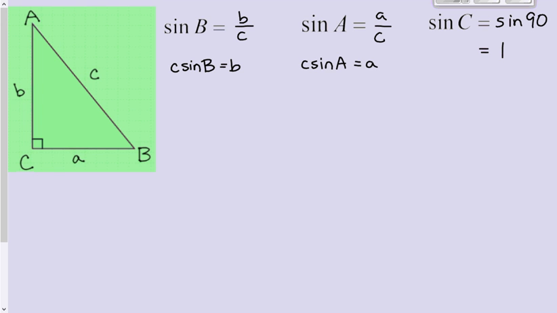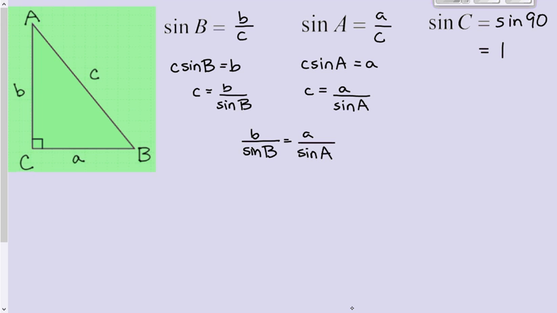And then I'm going to isolate c. c equals side b over the sine of angle b, and c equals side a over the sine of angle a. Okay, well this is good. If c equals one thing and c equals the other, then one thing equals the other. So we have little b over the sine of angle b equals little a over the sine of angle a.